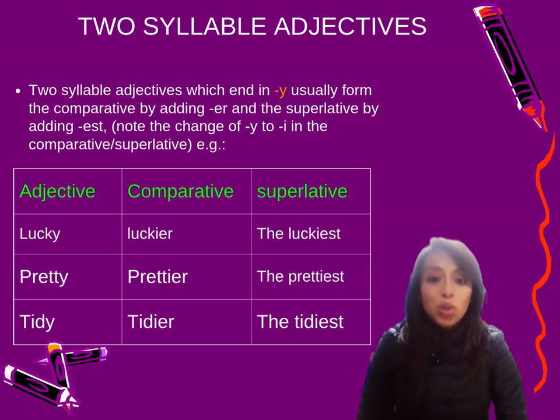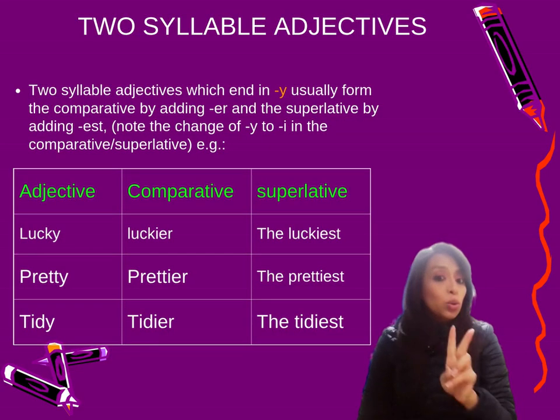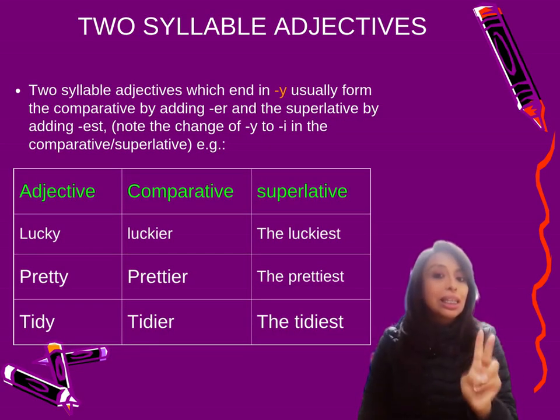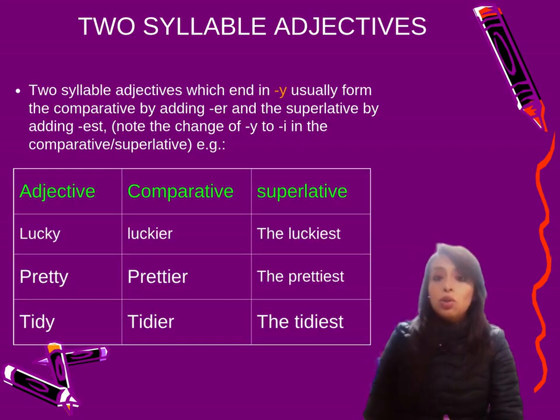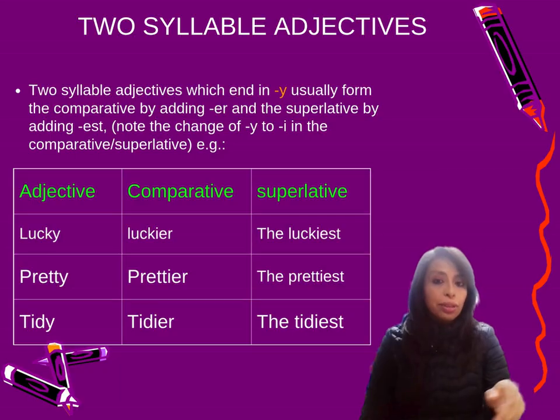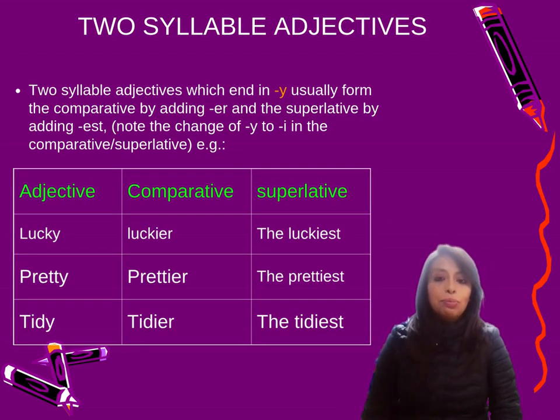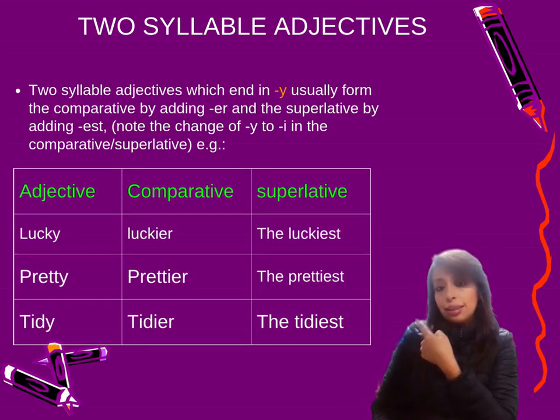Now, two syllable adjectives. If you have two syllable adjectives which end in Y, usually form the comparative by adding ER and the superlative by adding EST. For example, the adjective is lucky.